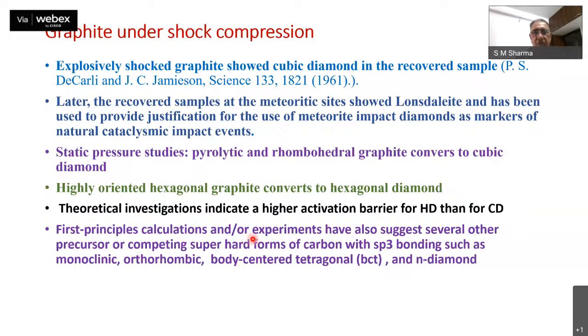So the first principle calculations and the experiments also suggest not only that these two forms of diamond exist, they predicted precursor or competing other superhard forms of carbon, which are sp3 bonded. Various claims have been made, having observed monoclinic, orthorhombic, body-centered tetragonal, and so on.